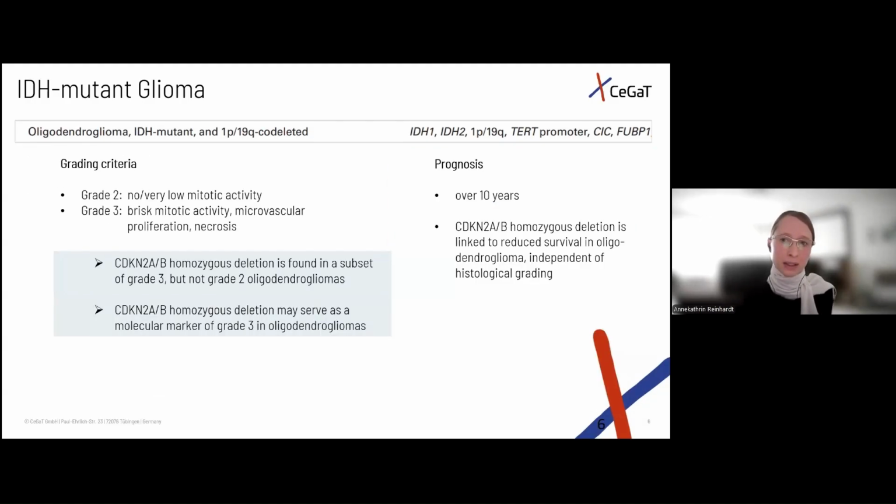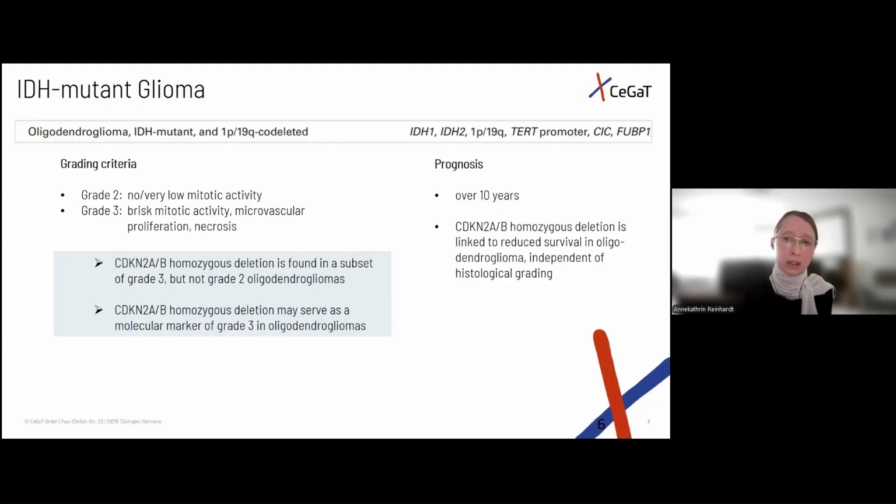Also, oligodendrogliomas are graded in two different grades, grade 2 and grade 3, depending on the histology. And also here, the CDKN2A/B status is important for the prognosis of the patients because we have seen an enrichment of this homozygous deletion in grade 3. So homozygous deletion could be a hint that it's grade 3 and could also be a hint for reduced survival in this entity.